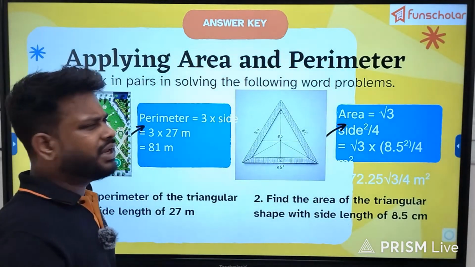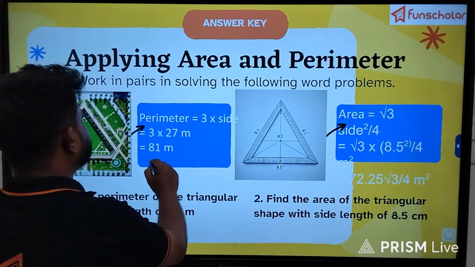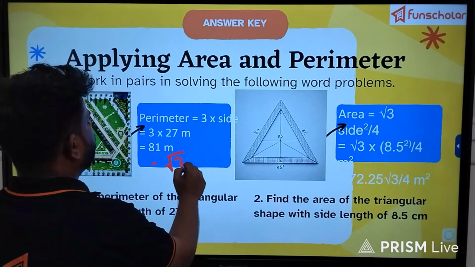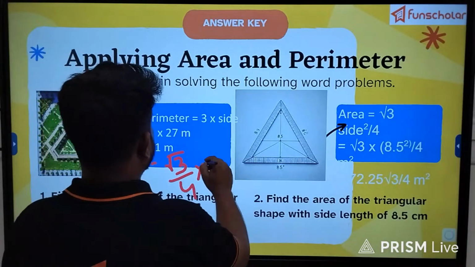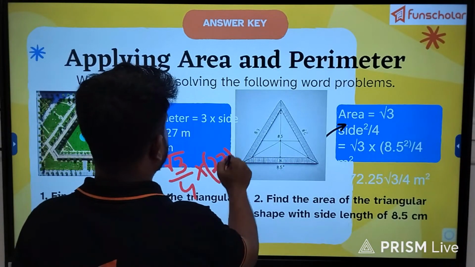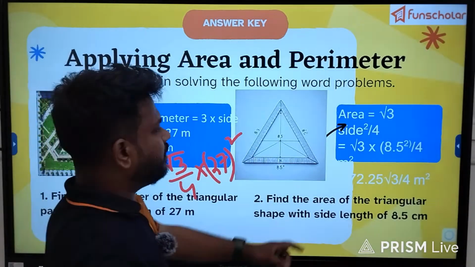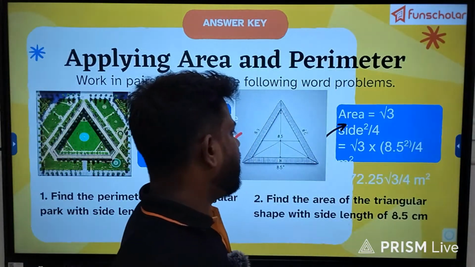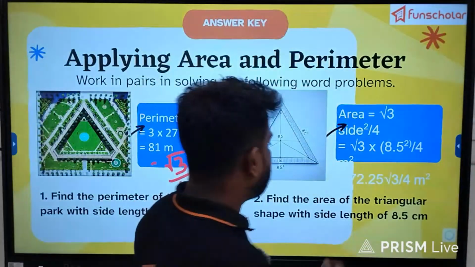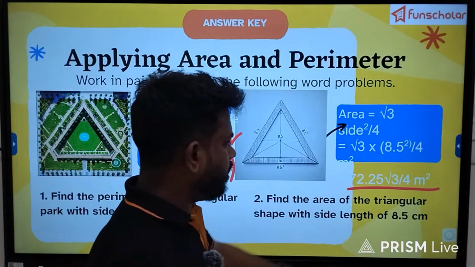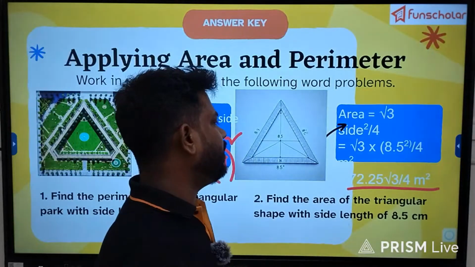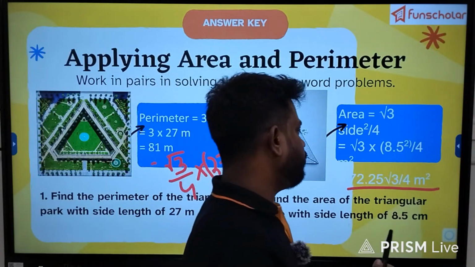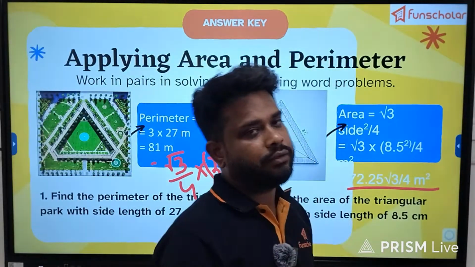Similarly the area can be found like this: root 3 by 4 into 27 square. And they have found it like this: 8.5 square into root 3 by 4, and the answer will look like this, that is 72.25 root 3 by 4.